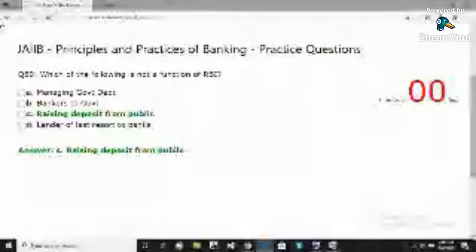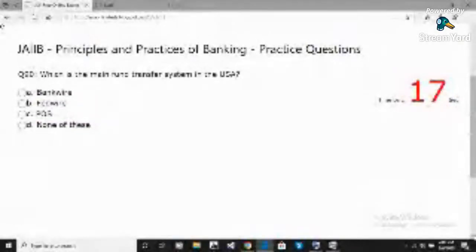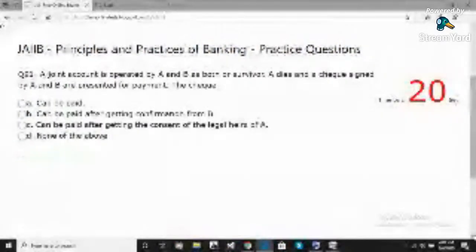Question 90. Which is the main fund transfer system in the USA? Option A. Bank wire. Option B. Fed wire. Option C. POS. Option D. None of these. Answer B. Fed wire. Question 91.